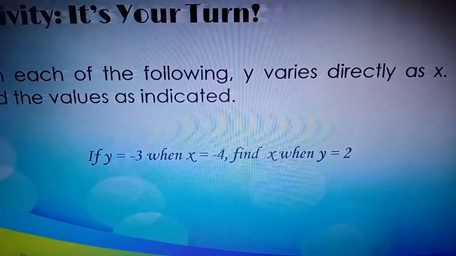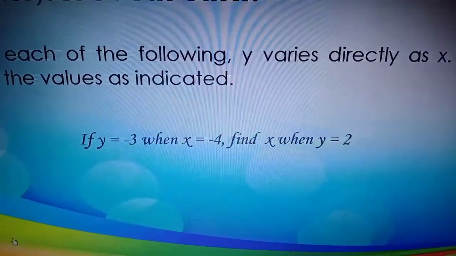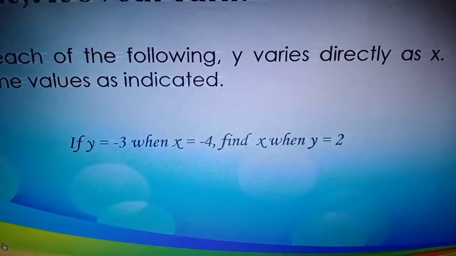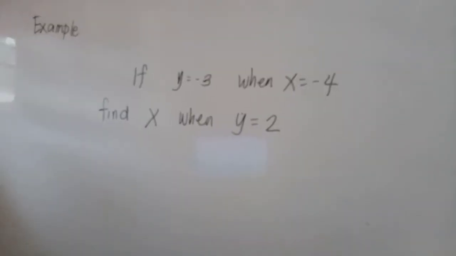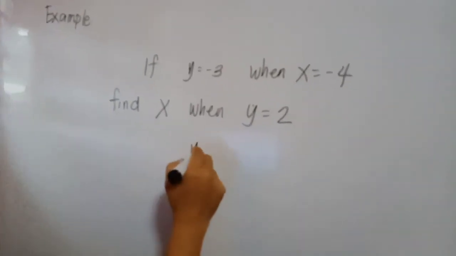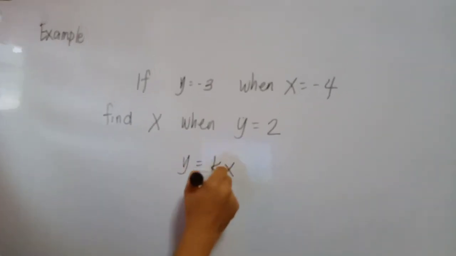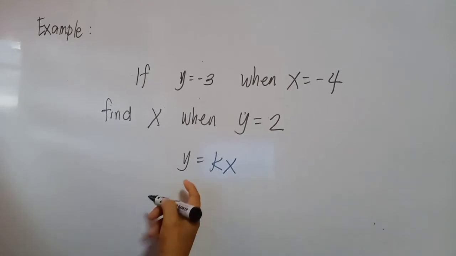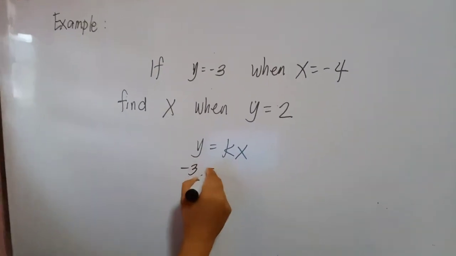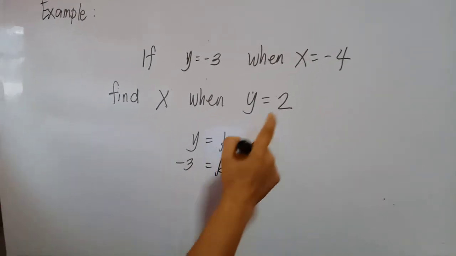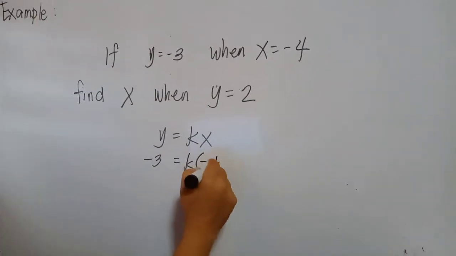Another problem. If y equals -3 when x equals -4, find x when y equals 2. Create our equation. So y equals kx. Solve for k by substituting the first given. We have -3 for y, and we also have x as -4.